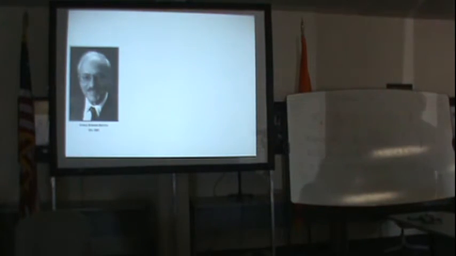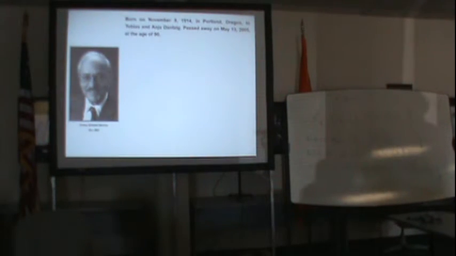So we are trying to get into the head of this man. That's what we are going to do. He was born November 8, 1914 in Portland, Oregon, to Tobias and Anja Dantzig. And he passed away on May 13, 2005 at the age of 90. That's a good age to go, 90. He's the father of linear programming and inventor of the simplex method.